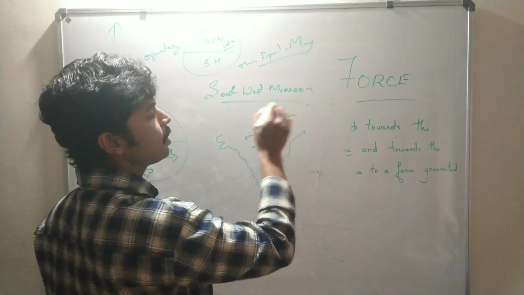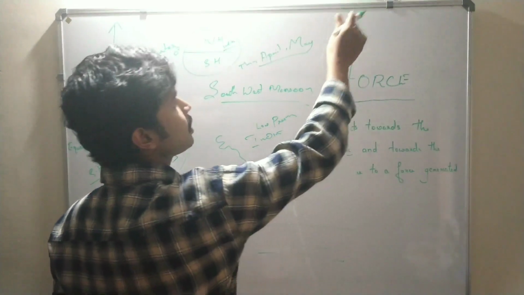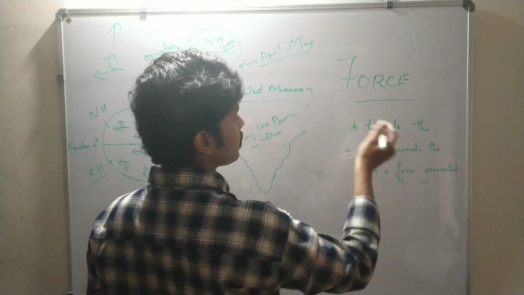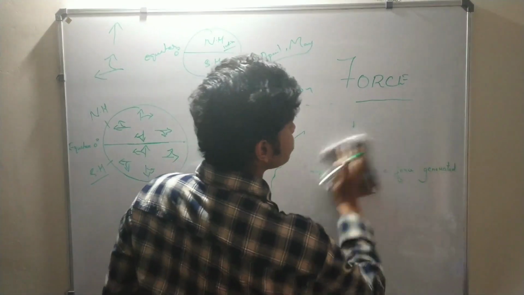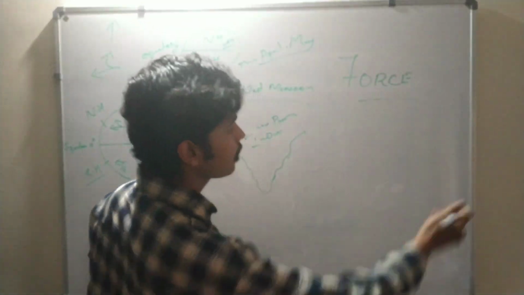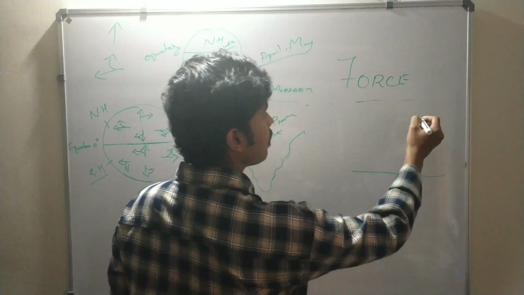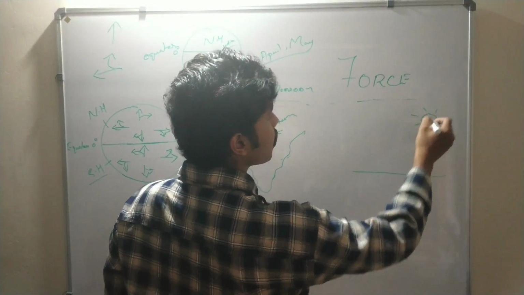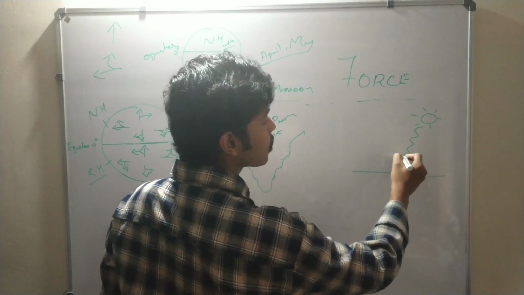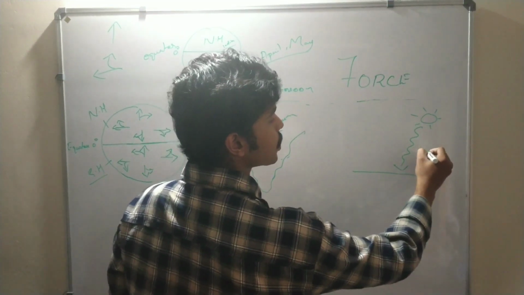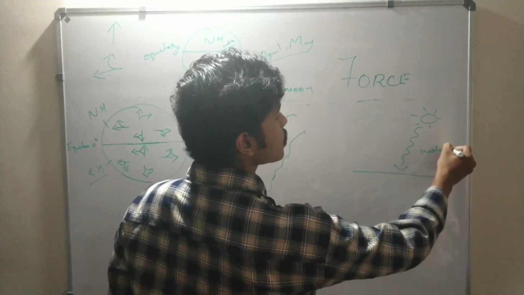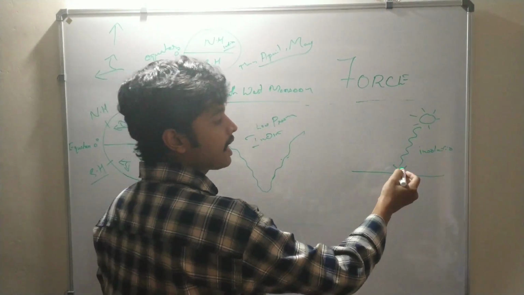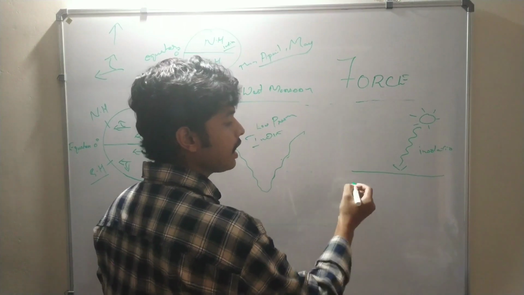So there will be a low pressure. Compared to why this low pressure and high pressure occurs, we know that if this is a sun, we will get the heat through the sun as insolation. So when there is continuous flow of heat, the air here will expand.